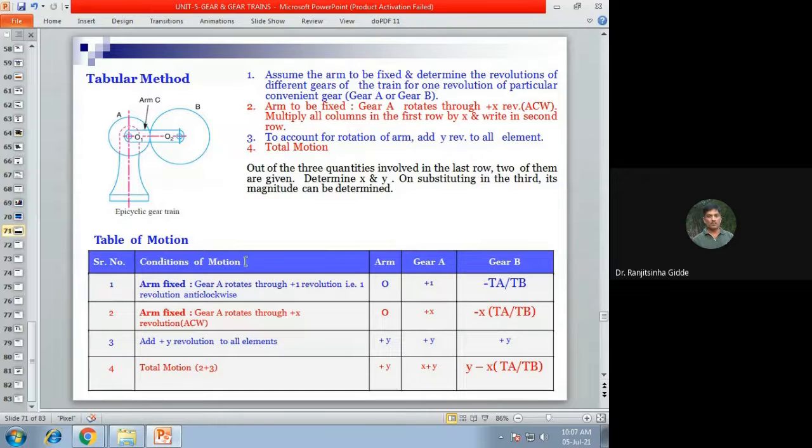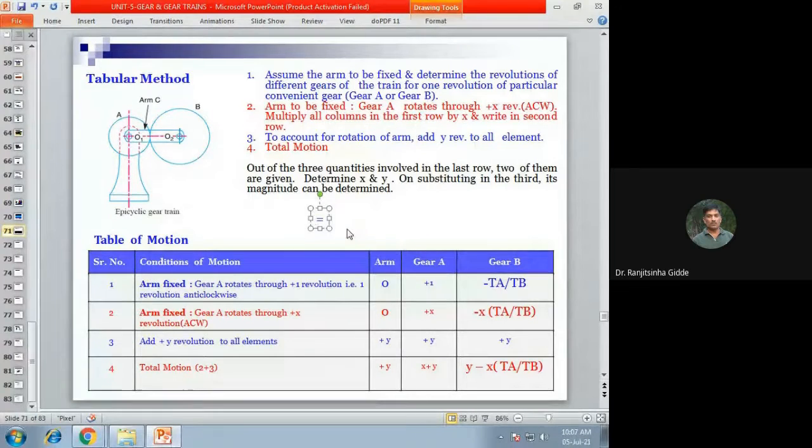So we know, gear B and gear A are in mesh.